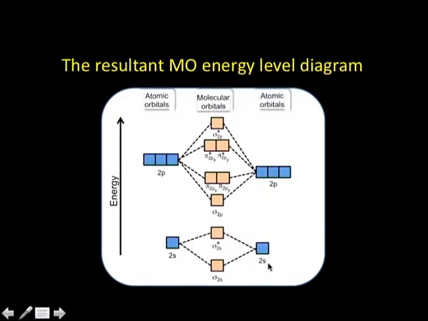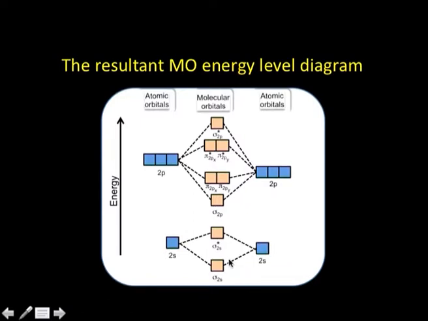This 2s of oxygen and 2s of nitrogen combine to give us 2 molecular orbitals, one bonding and one anti-bonding. Then 2pz here and 2pz here combine to give you one bonding and one anti-bonding, that is, sigma orbitals again. And then 2px and 2py here and 2px and 2py here combine laterally and give rise to pi molecular orbitals. They will be the bonding ones, and these are the anti-bonding ones.